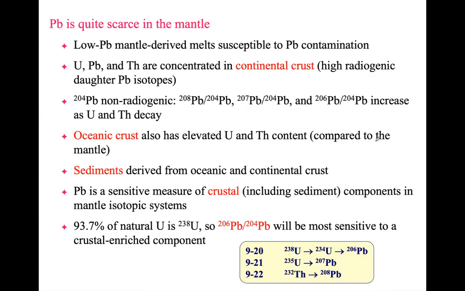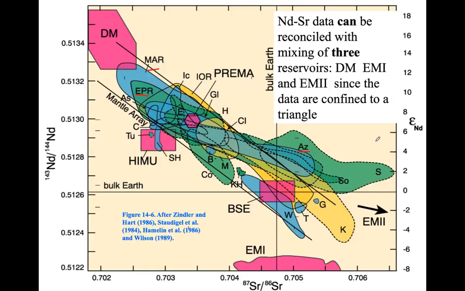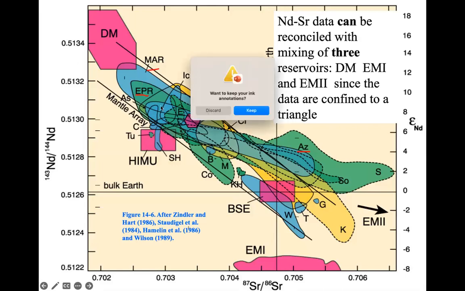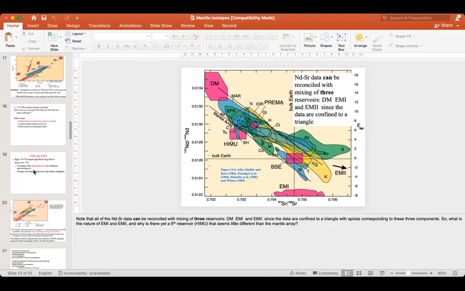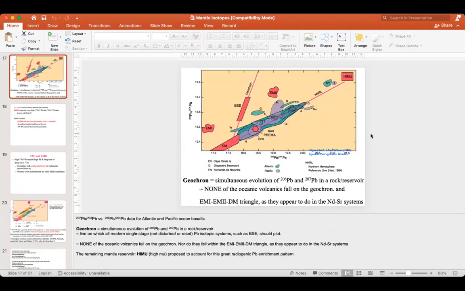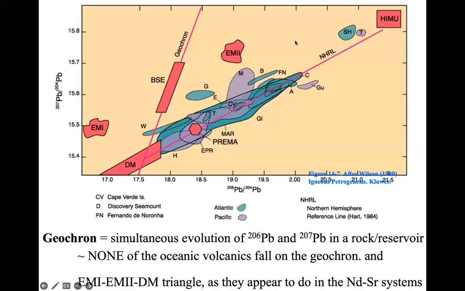So anyway, this is how we do this isotopic systematics for end member composition determinations.